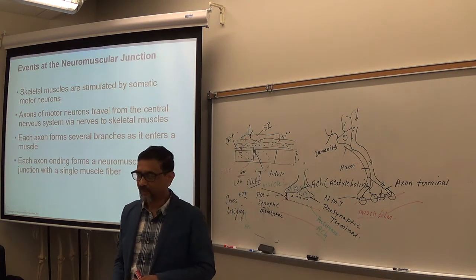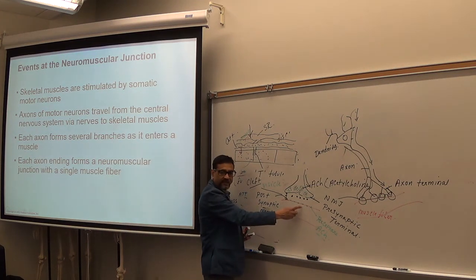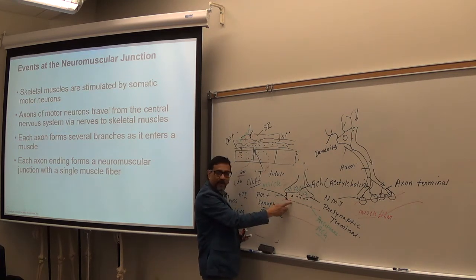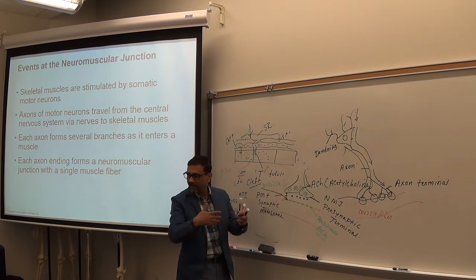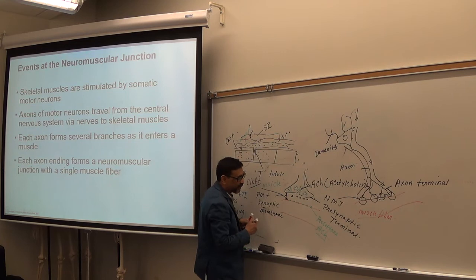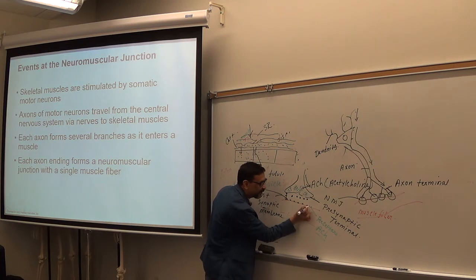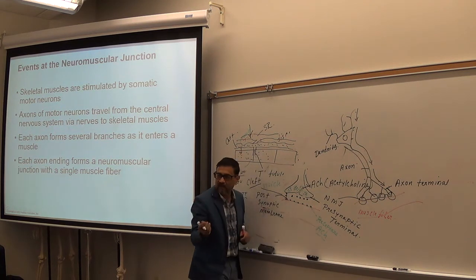So you now see these are ACH receptors, acetylcholine receptors, and these are acetylcholine molecules, right? So molecules will bind with the receptors, same type, right? So the ACH molecules will bind with the receptors. So it is like you put the key into the lock. Make sense?